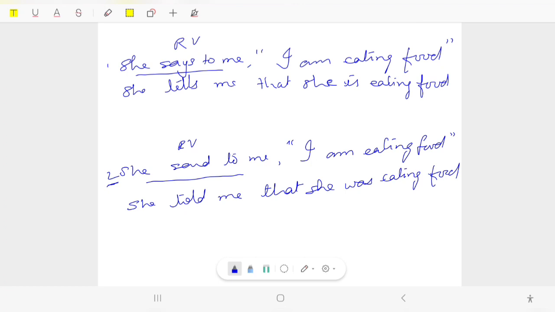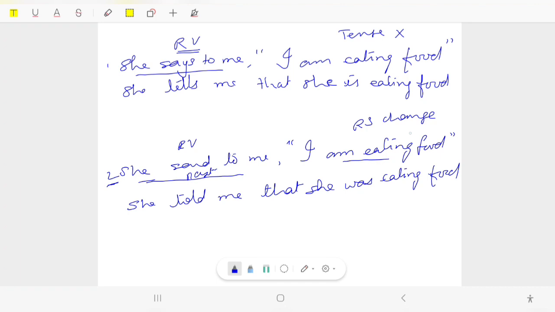So if the reporting verb is in present or future tense, then the tense of RS is not changed. But if the reporting verb is in past tense, then the tense of RS is changed.